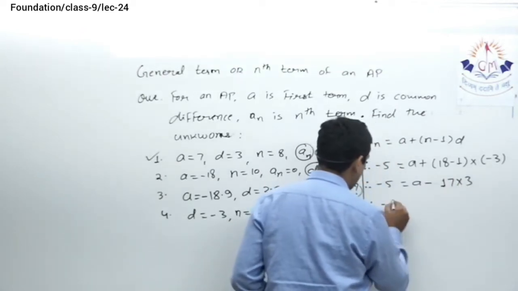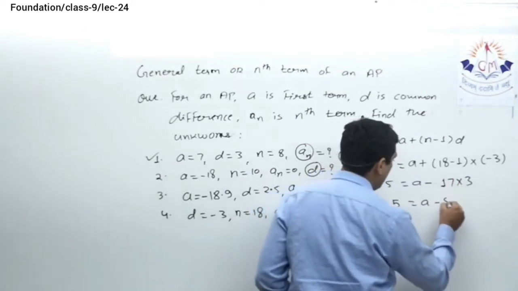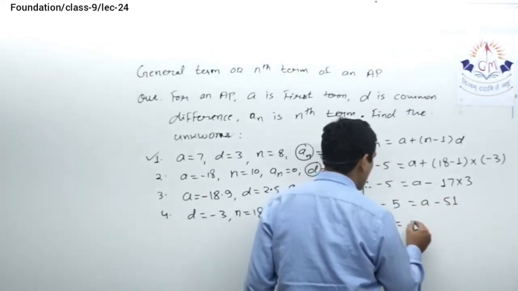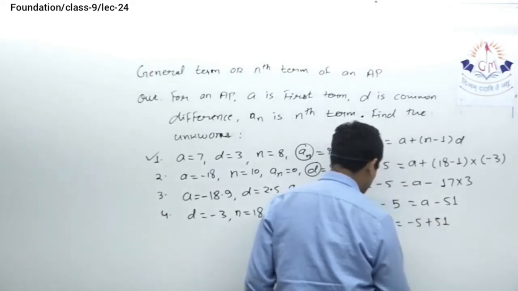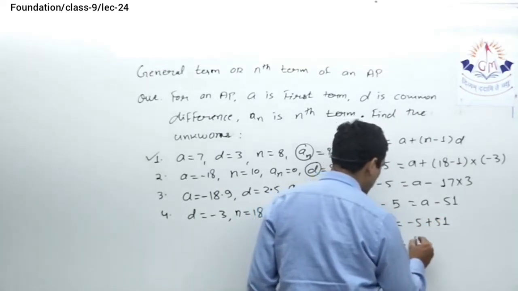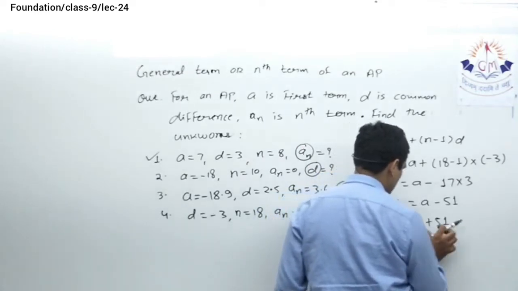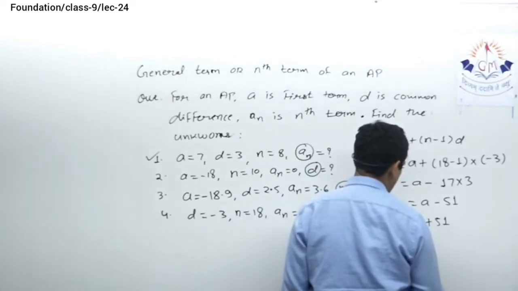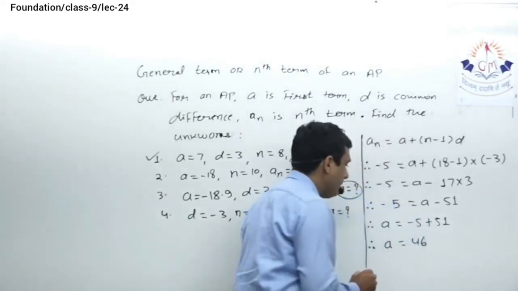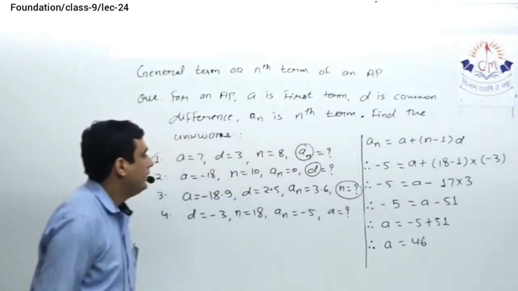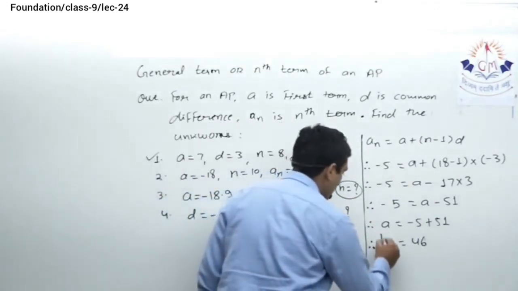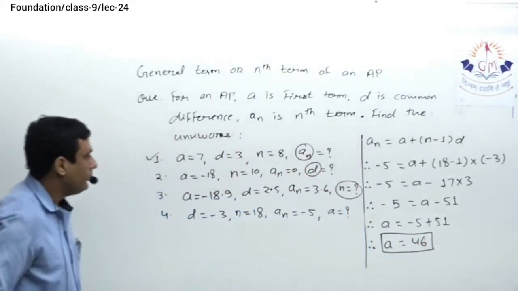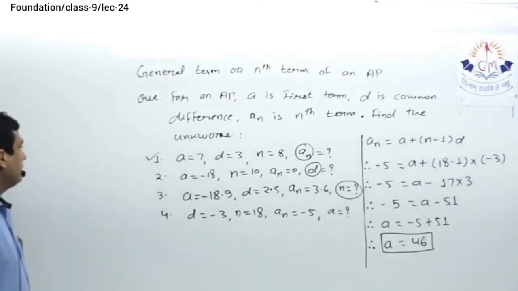So minus 5 is equal to a minus 51. So a is equal to minus 5 plus 51. So here a is equal to 46. The final answer, a is equal to 46. So please note it down, then we'll see the next question.